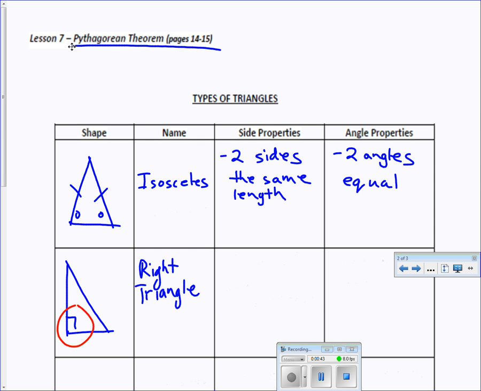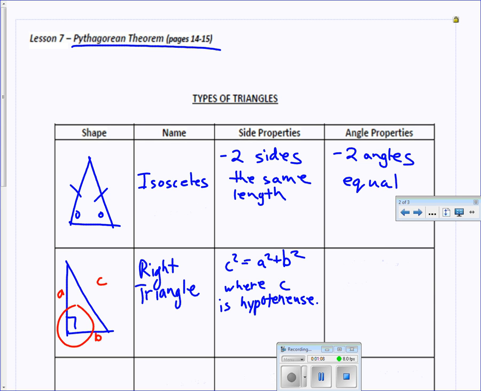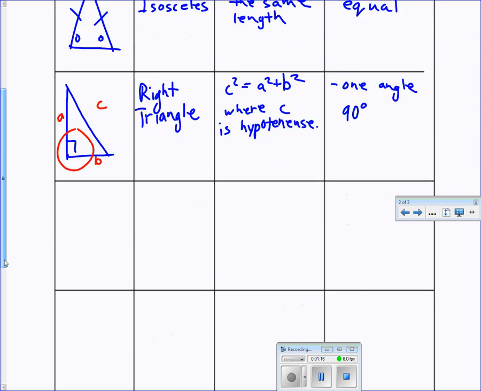Now, one of the things that you should notice is that this equation, c squared equals a squared plus b squared, is the equation that links each of these three sides, C, A, and B. Now we can use that to find one side if we know the other two. And remember, there's only one angle that is at 90 degrees.